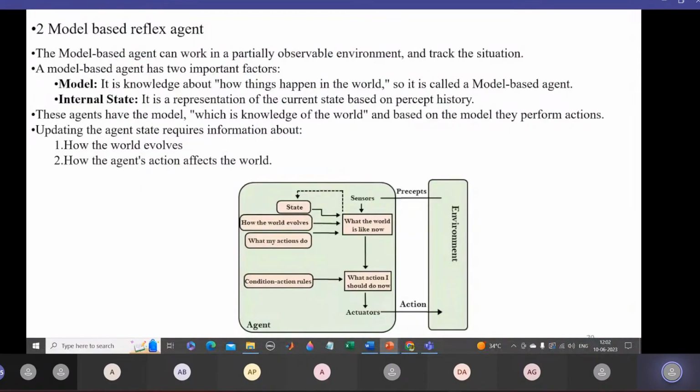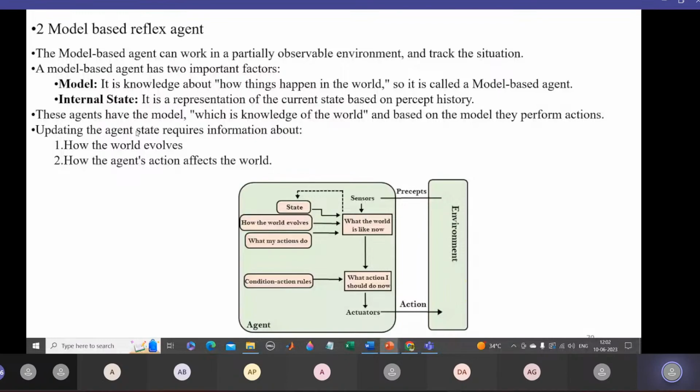Next one is the model-based reflex agent. It can work in a partially observable environment. They can track the situation. They have two important factors: one is the model and the other is the internal state. The model is knowledge about how things happen in the world. The internal state is the representation of the current state based on the percept history. Based on the model, they can perform actions.